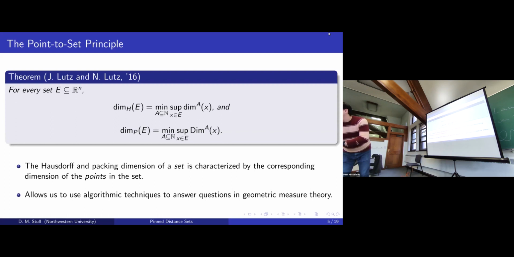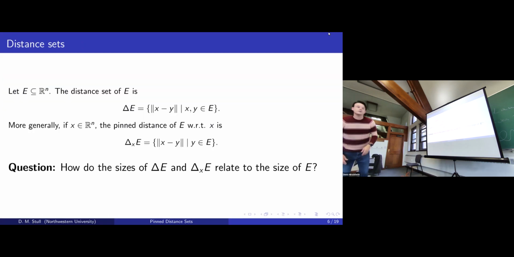Now I wanted to talk to you about the specific problem of my lecture today. So given a subset E of R^n, the distance set is the set of all distances between pairs in your set. Take any pair X, Y in your set, measure the distance. That's the distance set.